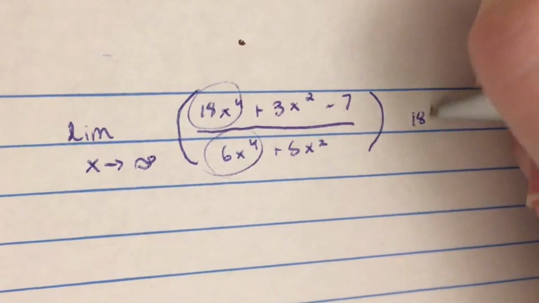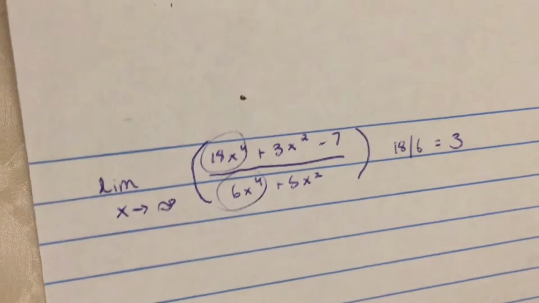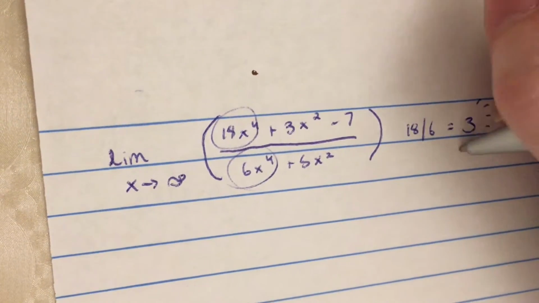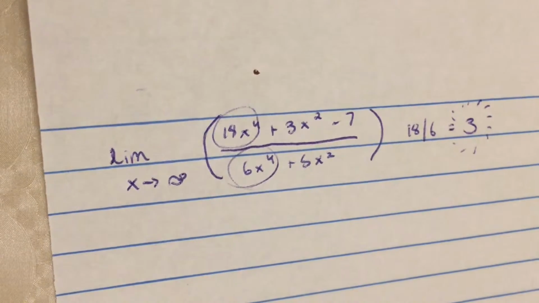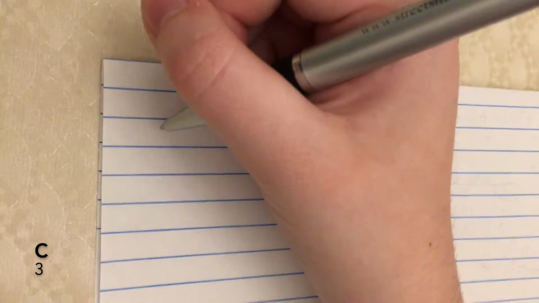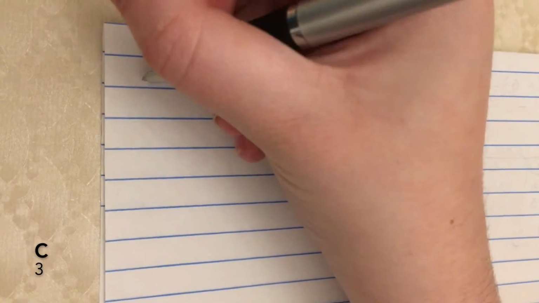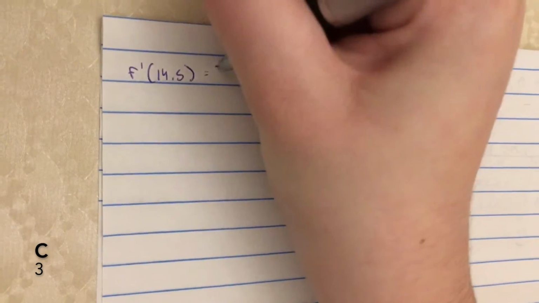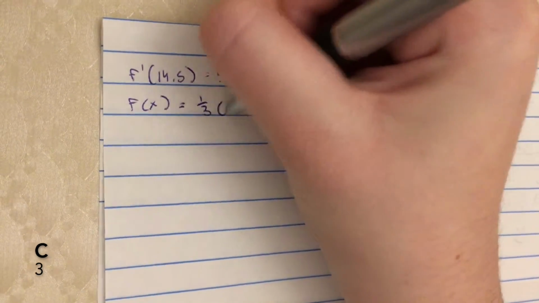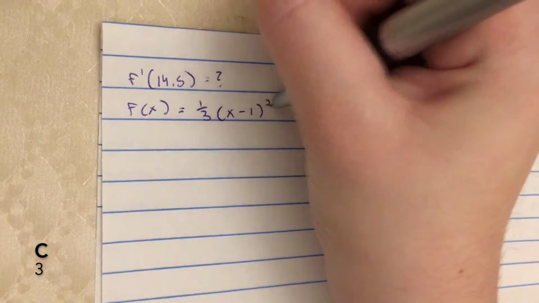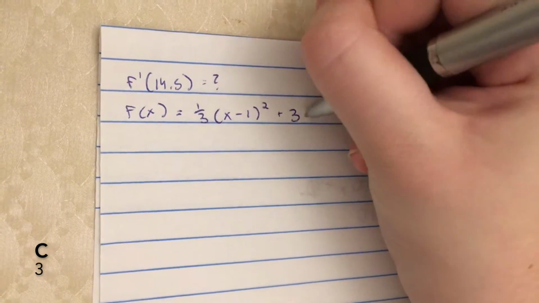So the limit as x goes to infinity is 3. So the second problem is, what is f prime of 14.5? The equation is f is equal to 1/3 (x minus 1) squared plus 3x.